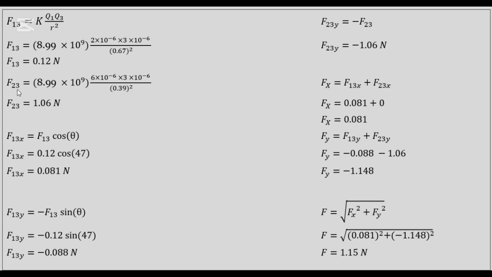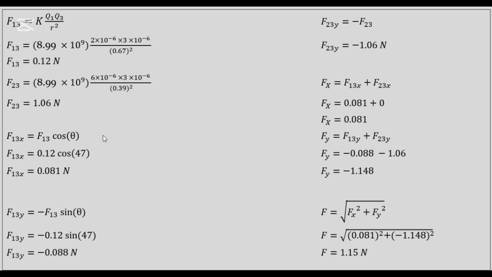And after that we go to F23, we take the equation, we put the values in there. k times charge 2, charge 3, over the distance separating them. We put them inside, we compute, then we get our value, which is 1.06 newtons.